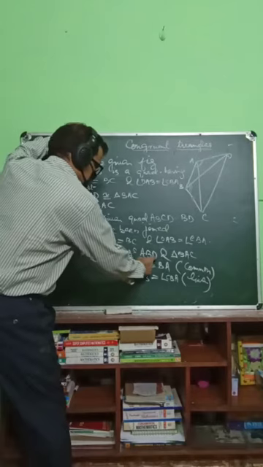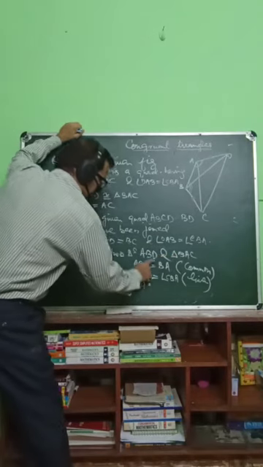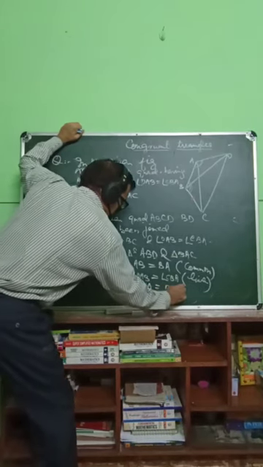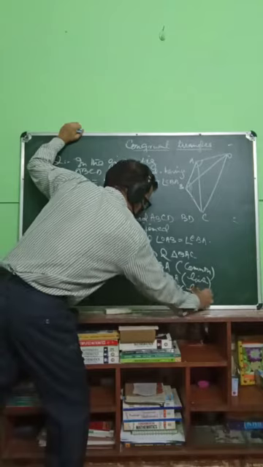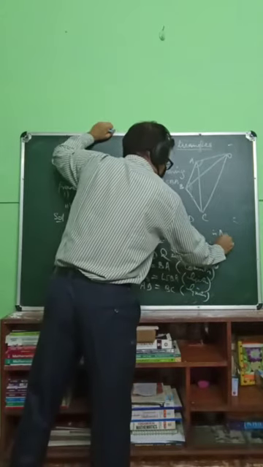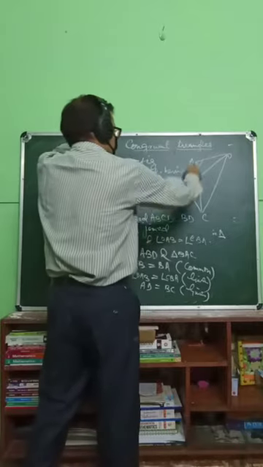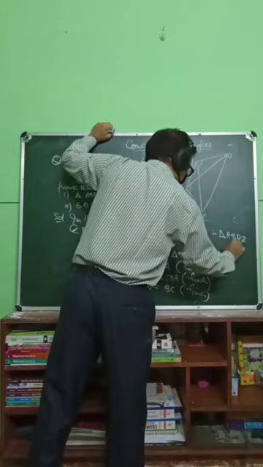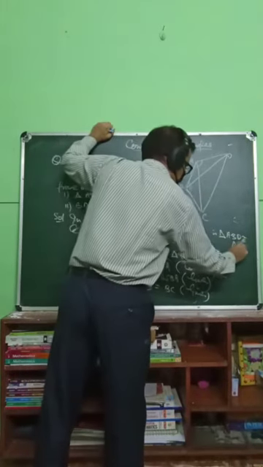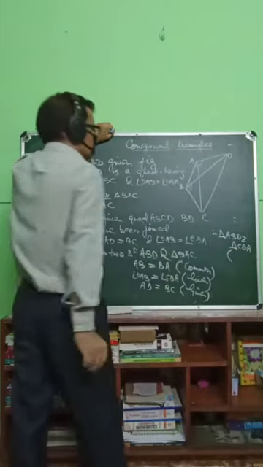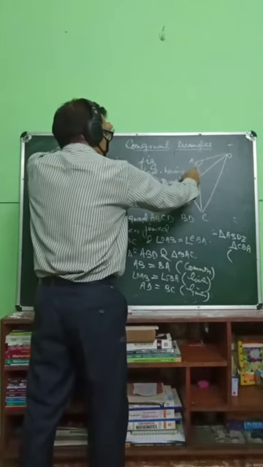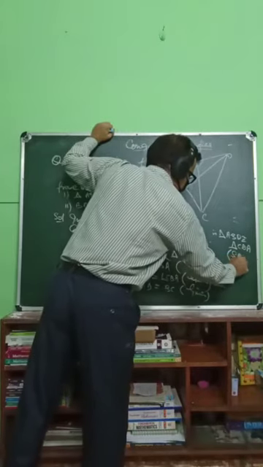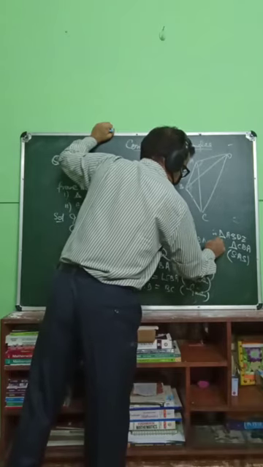Also AD is equal to BC, this is also given. Therefore triangle ABD is congruent to triangle BAC by the rule of side angle side, SAS, hence proved. So the first one is proved.